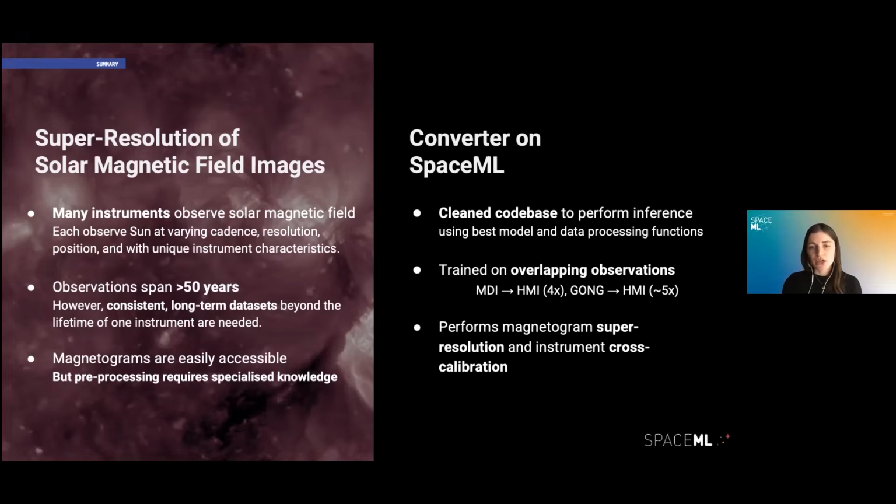The model was trained on overlapping observations of 3 instruments, and I'll talk about the instruments in just a second. It allows users to perform inference on raw magnetograms and low resolution images to super resolve and cross-calibrate, imitate the characteristics of the high resolution mission.